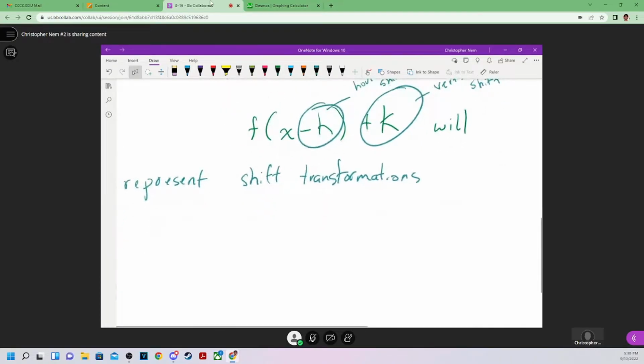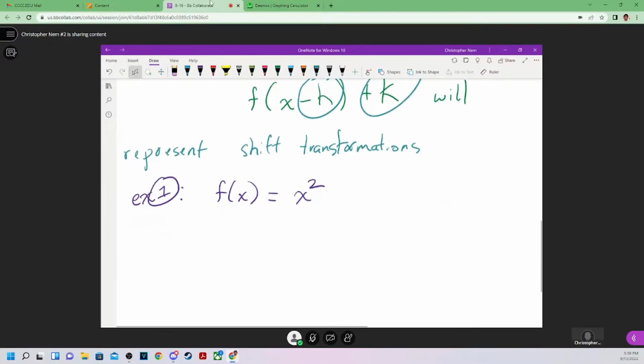So let's take 3 examples. Example 1. Let's take my parent graph to be equal x squared. Now, if I ask you transformations for f of x equals x minus 3 squared, I've written this differently.